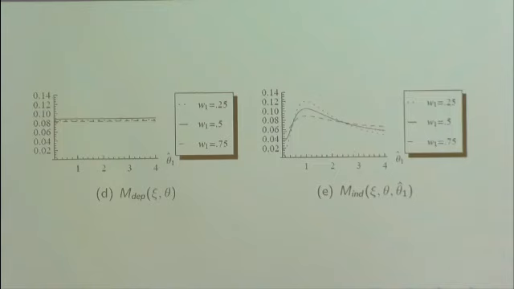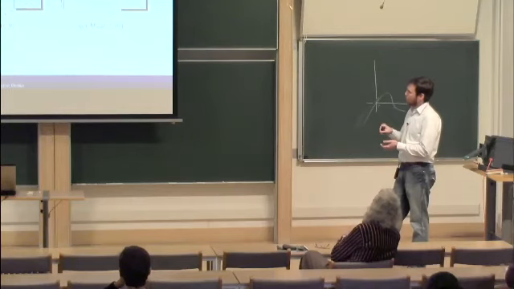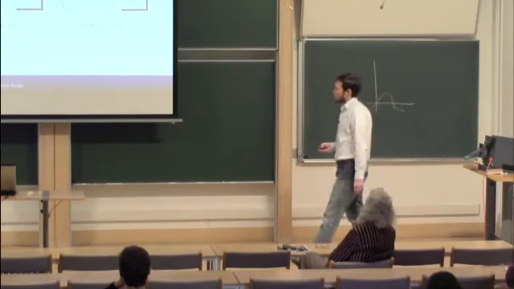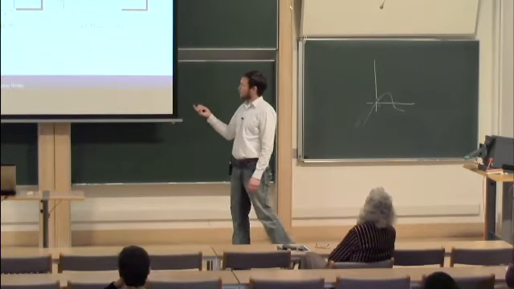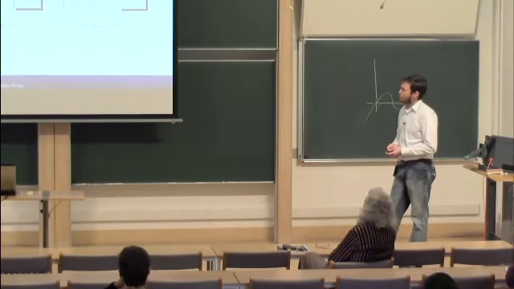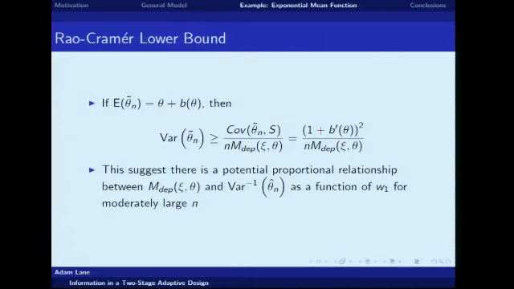The point here is that from a design perspective, the independent measure is only going to be of use if W1 is very close to 1, in which case they're the same, because it depends too much upon your first stage value. But the dependent measure is constant, so you could maybe do something in terms of picking a design parameter with it.